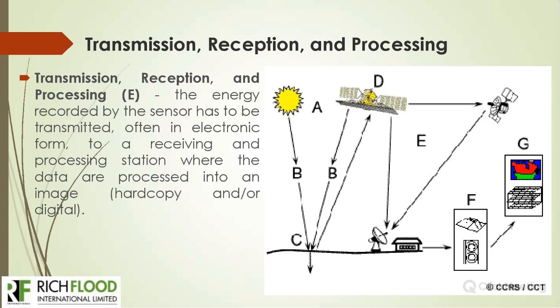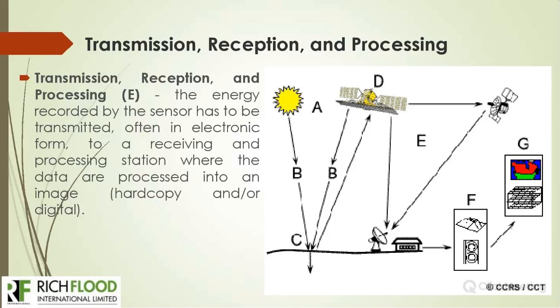Further processing could help enhance some of the information received in raw form from this sensor. So the energy recorded by the sensor has to be transmitted, often in electronic form, to the receiving and processing station where the data are processed into an image, whether in hard copy or in digital format.